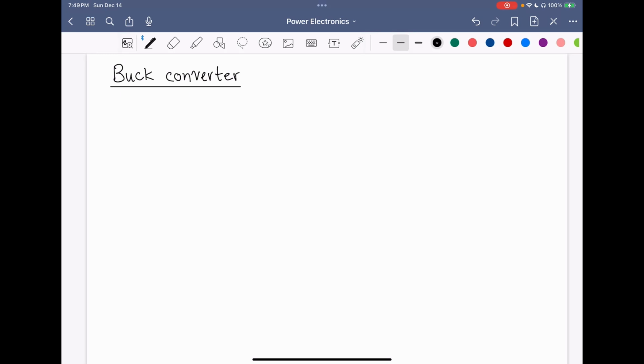Now, to motivate why we use switch mode power converters like the buck converter, I'm going to start by explaining what the linear voltage regulator does. Now, the linear voltage regulator is a DC-DC converter, but it's not switch mode. The circuit is quite simple.